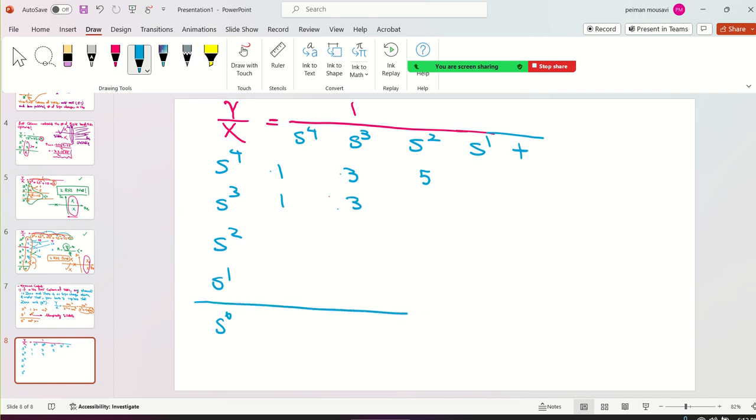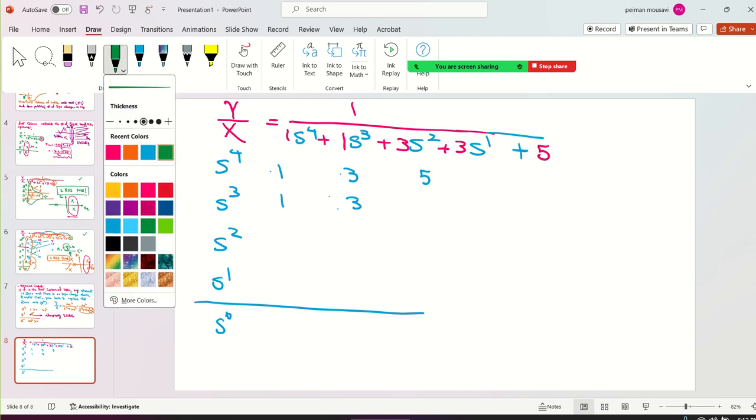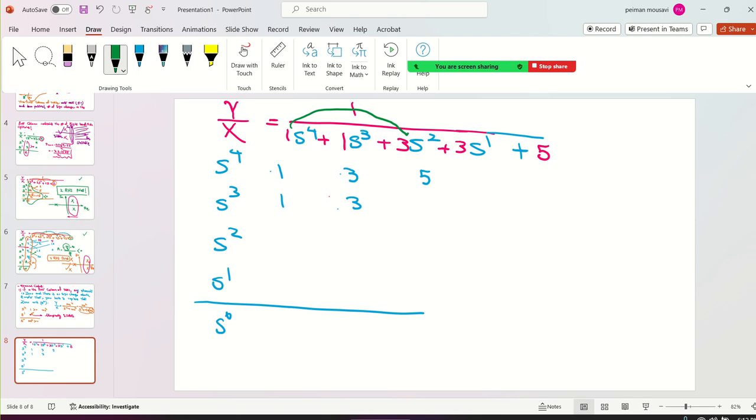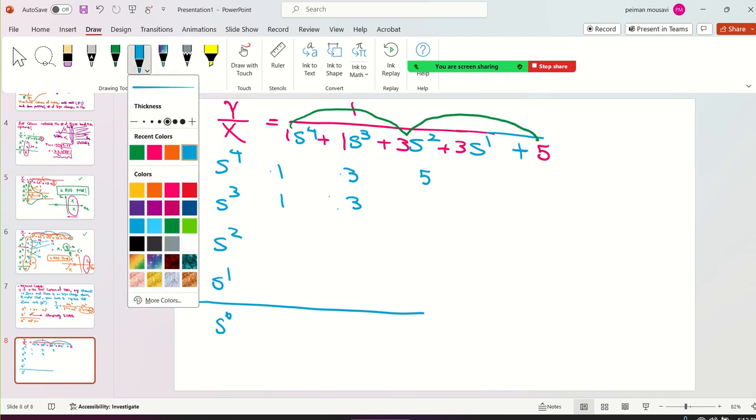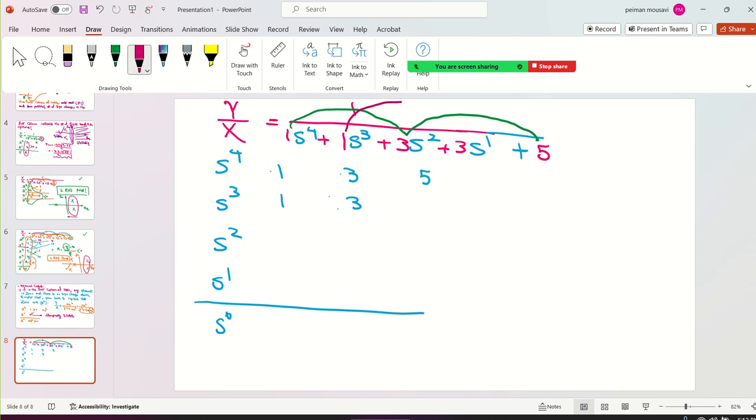This is good. So the coefficient is going to be 1, 3, 1, 3, and 5. Here we go. So you see that I copied from here: 1, 3, 5, the first line. Second line, as you know, is 1, 3, and 0. I just copied from here. That's right. And the last line is coming from 5. There we go. I just copied.